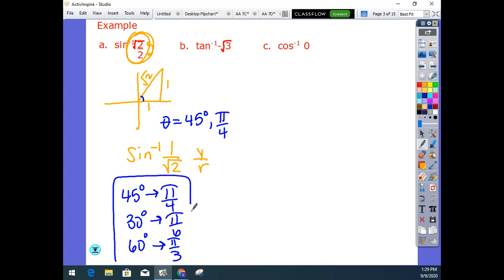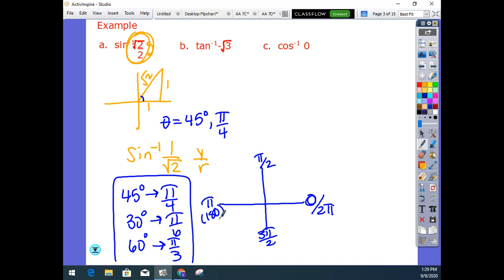Now, you should know this, and I'm just giving you a whole bunch of stuff, so kind of take it. We always start at 0. This is pi over 2. This is pi, 3 pi over 2, and 2 pi. Pi is in the same place as 180. These are equivalent.